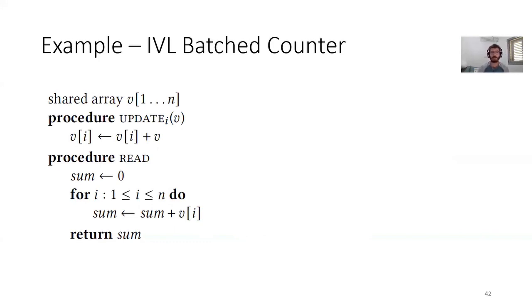So if no updates were happening, it would return that. But because updates have non-negative values, the sum is at least the sum at the beginning. And it can be no greater than the sum at the end of the interval of the read, because I can't predict the future. So the sum is bounded between the beginning of the read interval and the end of the read interval. So we have an IVL batch counter.